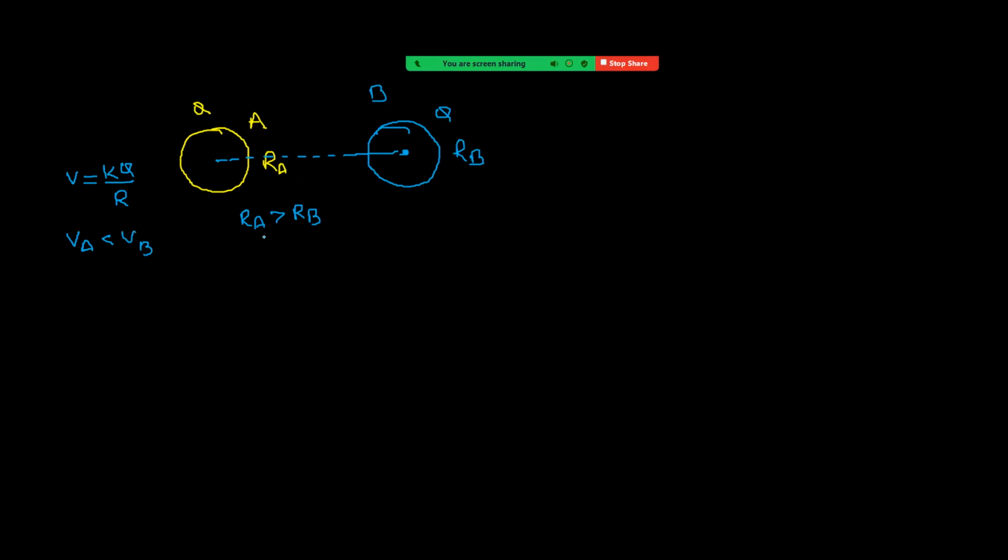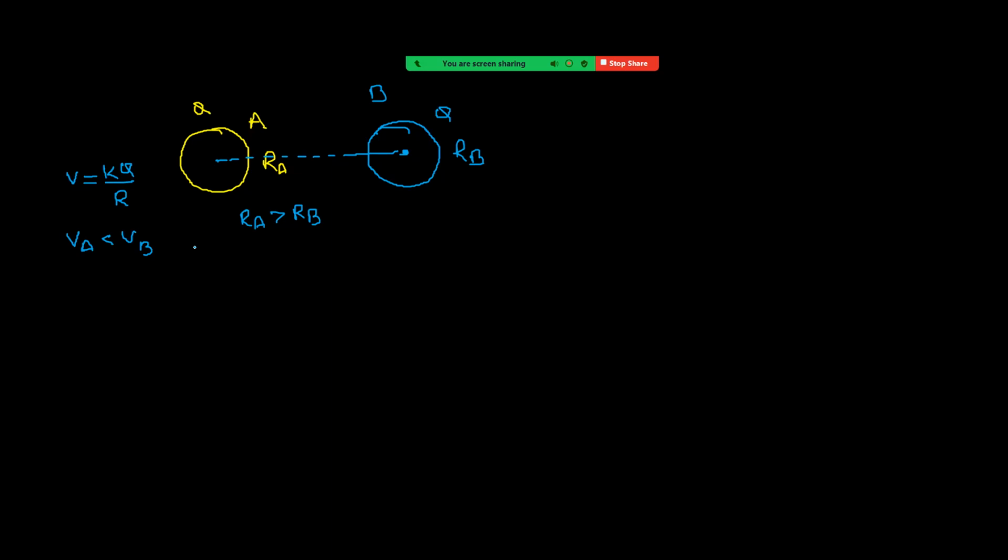Check it once. RA is greater than RB, R is more, so potential is less. So VA is less than VB. That means B is at high potential. Then charge flows from high potential to low potential, until they have the same potentials.